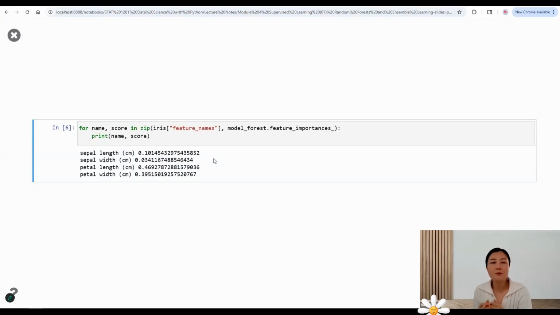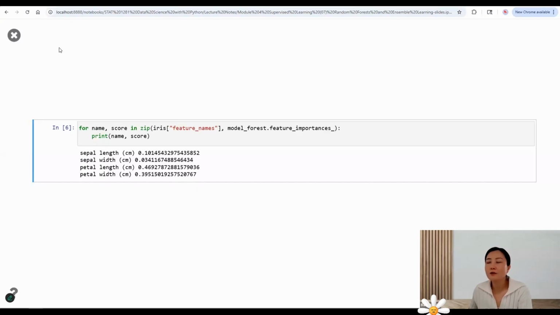That is purely because the decision trees in a random forest are more random. At each node, it will randomly select a subset of features, and then among them choose the best one.